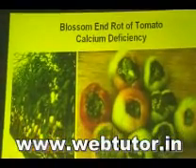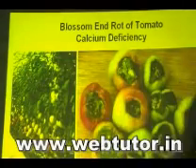See, this is a disease, if you can say. Blossom end rot is a disease that is usually seen when calcium is not there. The whole tomato, if you cut this part open, will be normal.